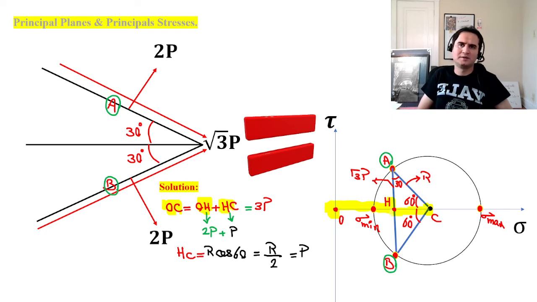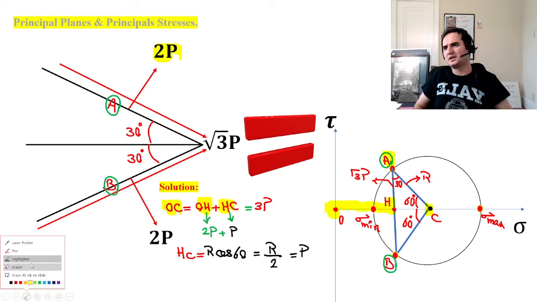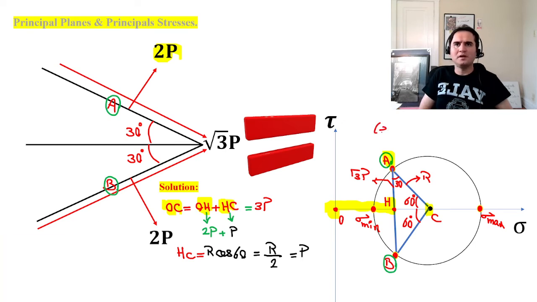That's our O to C. For OH, we simply know that's the normal component of plate A, which is 2p, because the specification of this point is 2p and square root of 3 times p. So the first component, 2p, is here. That's 2p from O to H in the x-axis, which represents the normal stress.